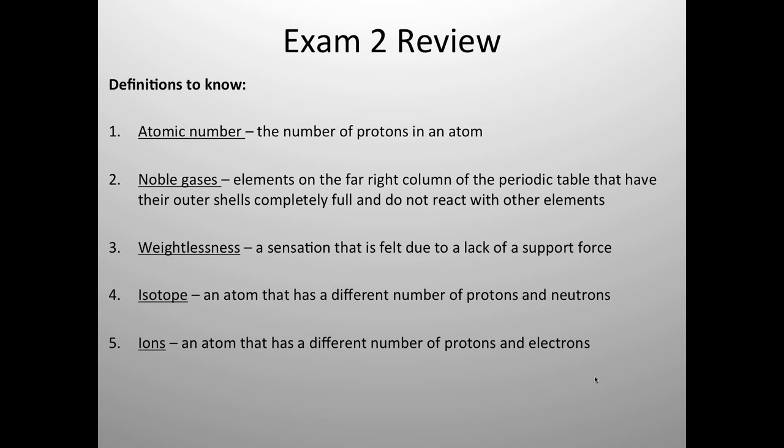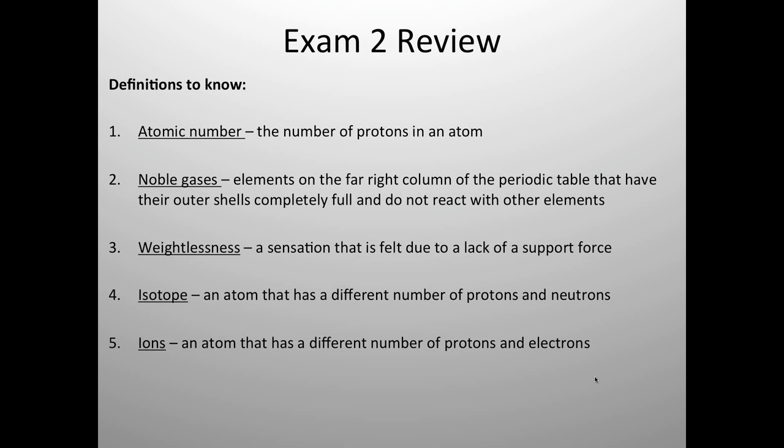And then we already kind of went over these last two, but isotopes and ions are two definitions that are pretty understandably easy to get mixed up. An isotope is an atom that has a different mass than is listed on the periodic table due to having a different number of neutrons.